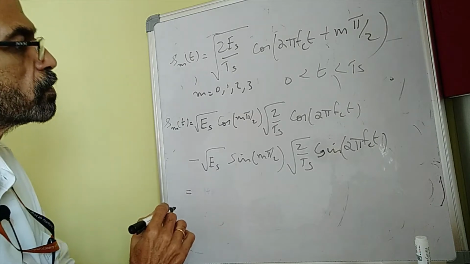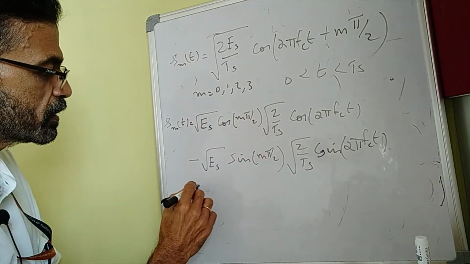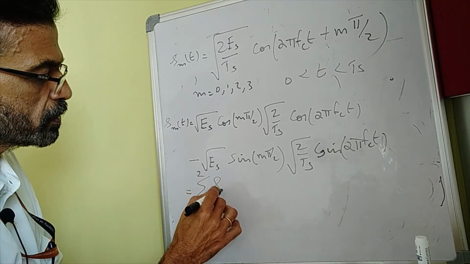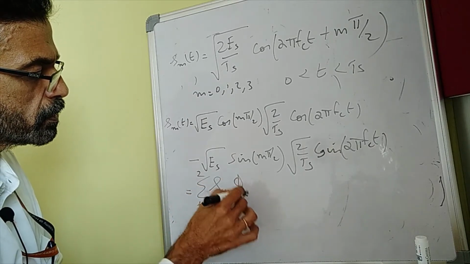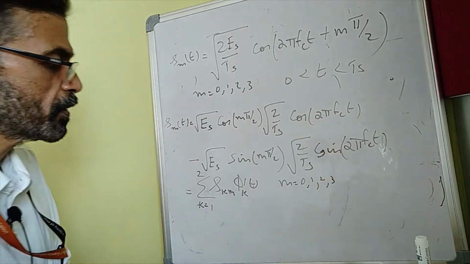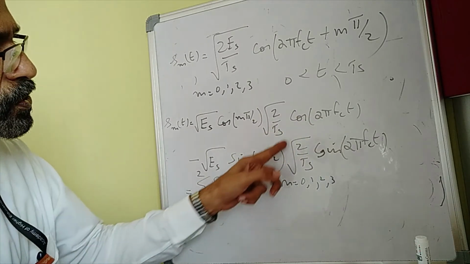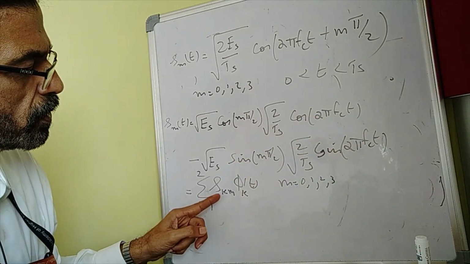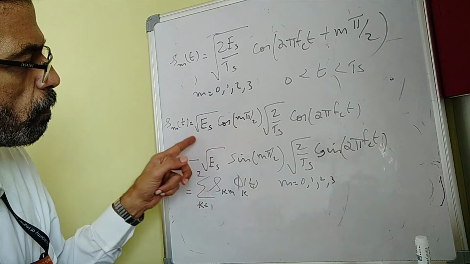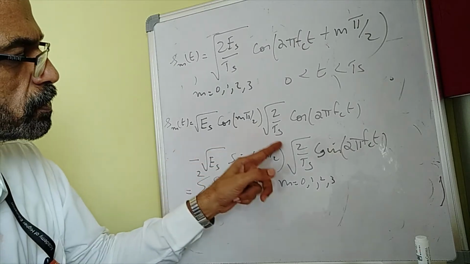Just to copy the steps we had earlier, phi1(t) is this, phi2(t) is this, s1m is this, and s2m is this, including the negative sign.